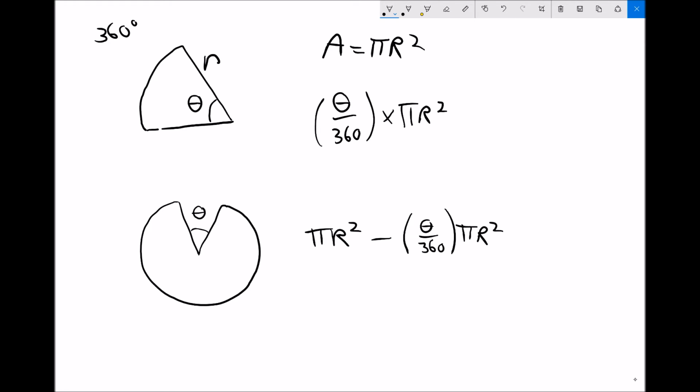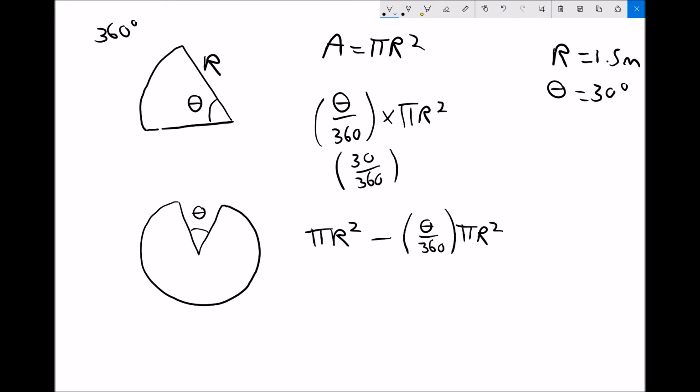If we take the radius of that circle as r, we're going to use a value of r of 1.5 meters. And let's take the angle theta for that sector as 30 degrees. We can then calculate the area of that sector, because we would do 30 degrees divided by 360.